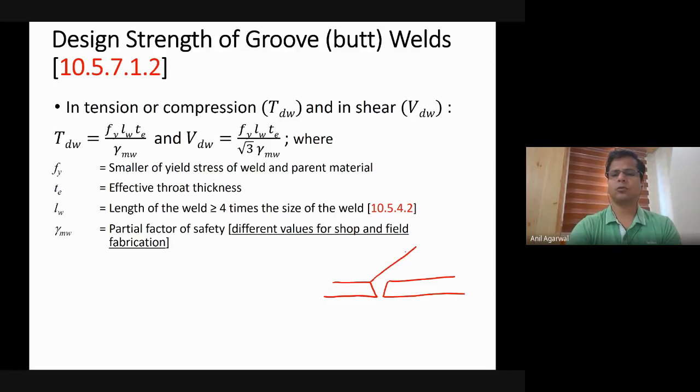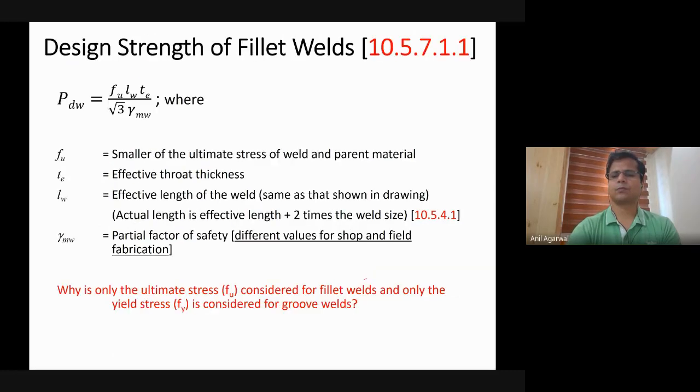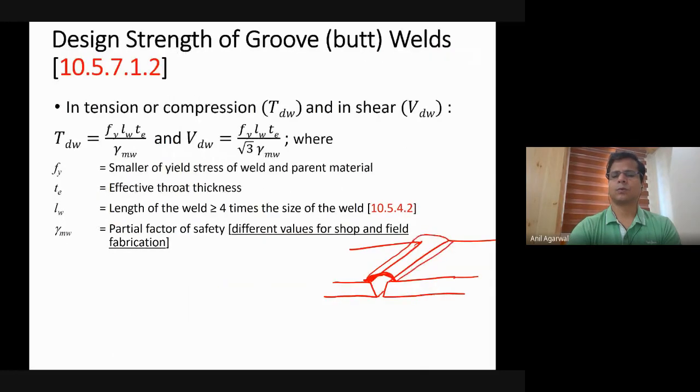And these two plates are welded together with a groove weld, which is filled throughout.